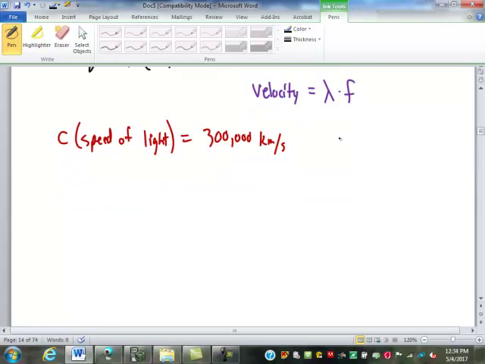Our angular velocity, we're talking about rotational now as we rotate around a circle. Looking at a rotating object. That rotating object has what we call angular velocity.